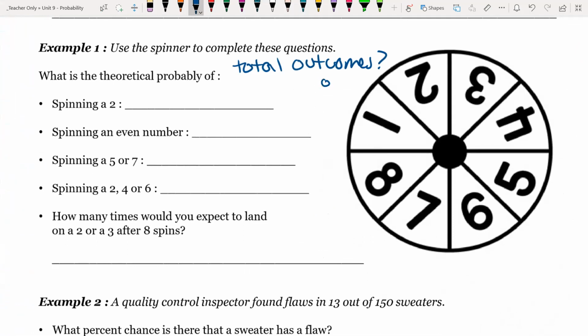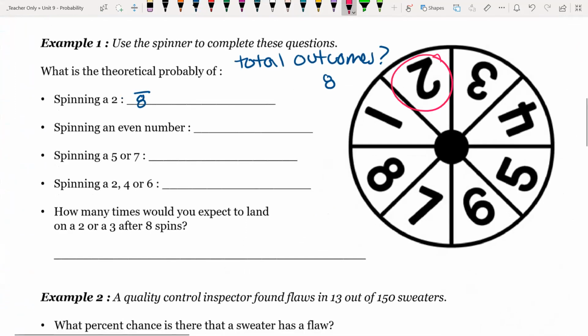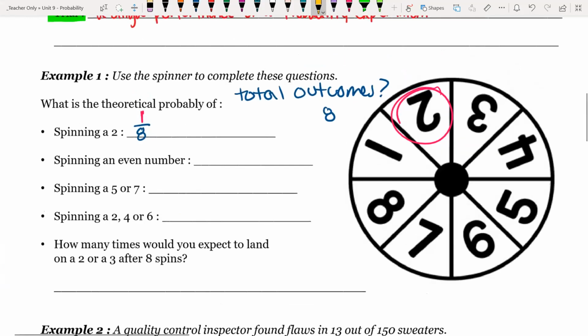There's 8, right? How many times do you see 2 on the wheel? I see 2 on the wheel here, and that's just 1 time. So that's my probability, 1/8. Remember, if I can, I want to simplify. I can't simplify 1/8, so I move on to the next question.